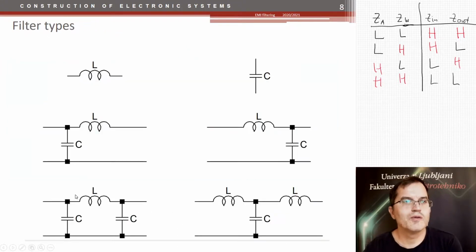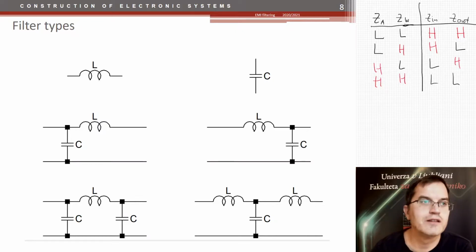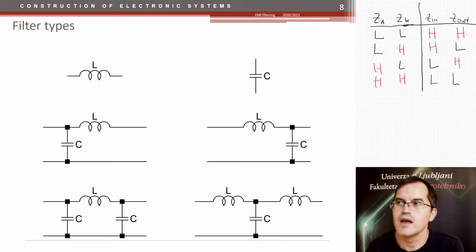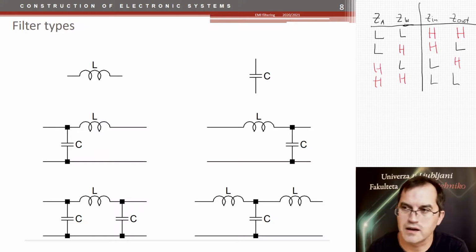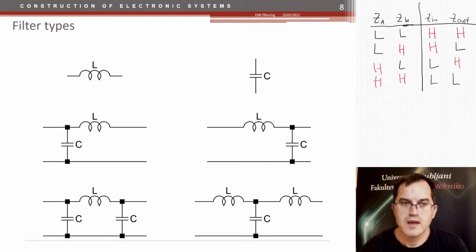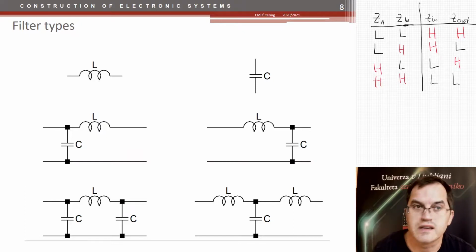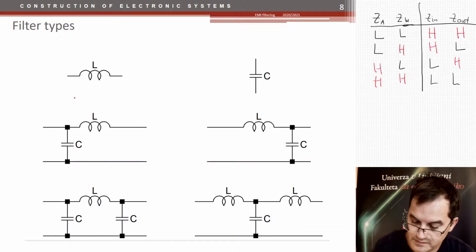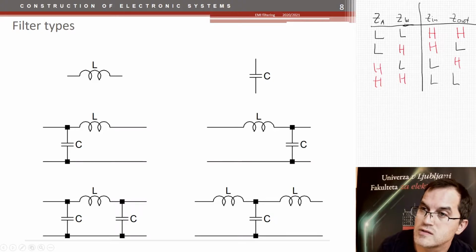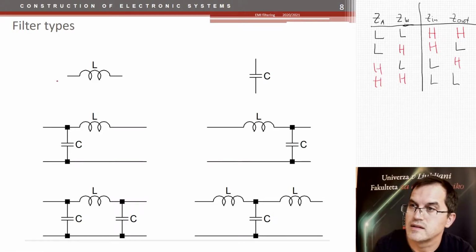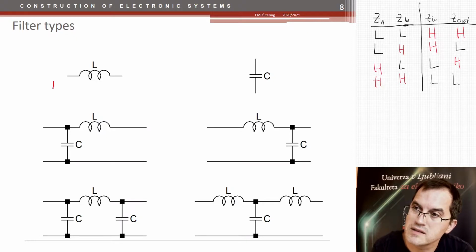So let me now show all the possible filtering options. All these possible filtering options are shown here, including capacitor and inductor. Okay, so these are the impedances we can calculate or we can deduce from it. The coil, if we just use the coil, it has high input impedance and it also has high output impedance.